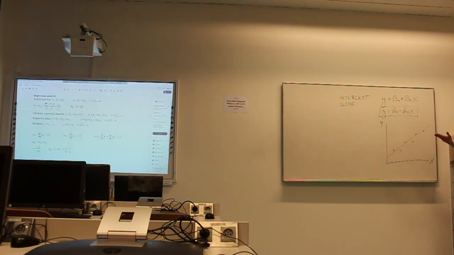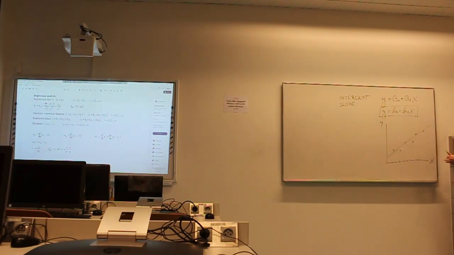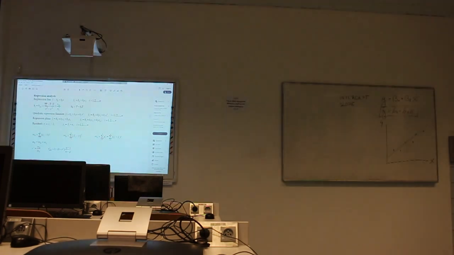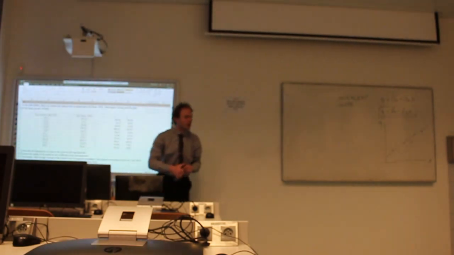Okay, so we will use Excel. We will try to draw this chart, and after we will estimate the parameters b0 and b1 of this regression line. So if you have English version of Microsoft Excel, you can check the data leaf.